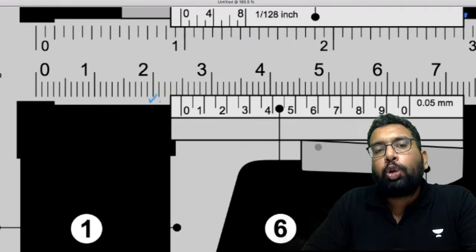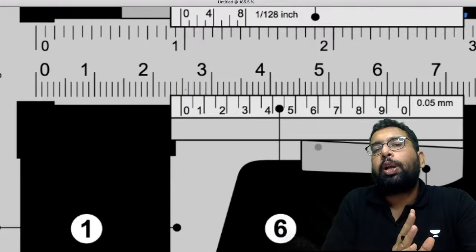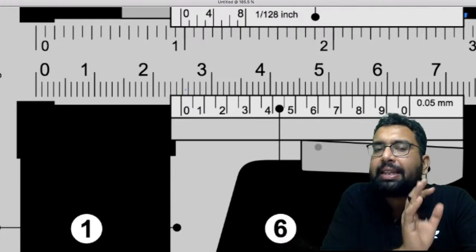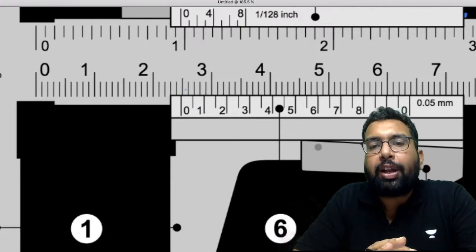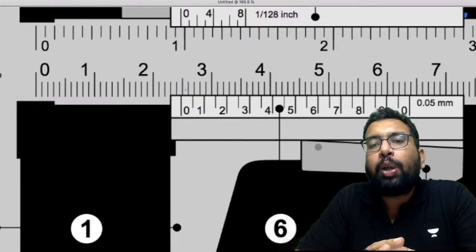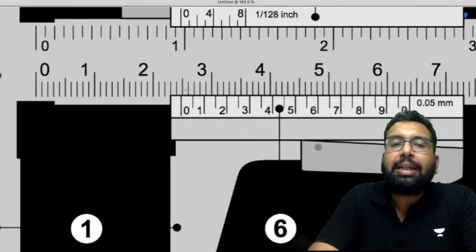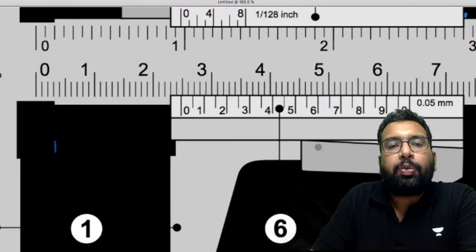It doesn't reach 2.5; it is slightly behind 2.5. So when it is some extent behind 2.5, that means the main scale reading in this case is 2.4.